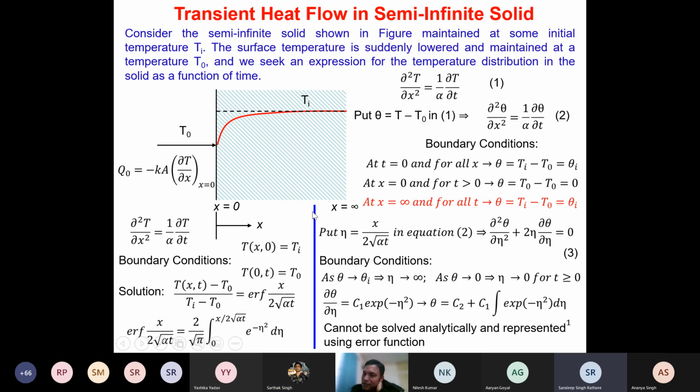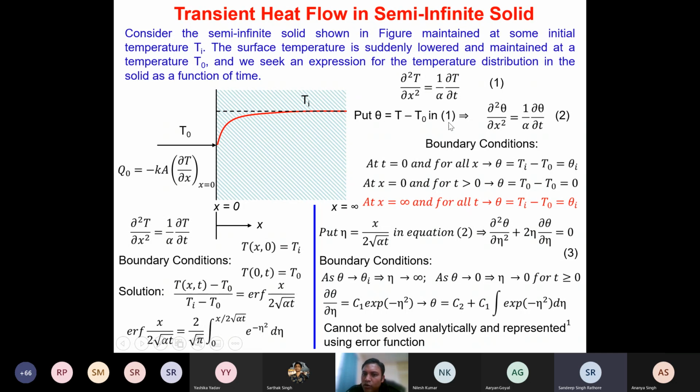Okay, all right. With this dummy variable eta, I can differentiate eta with respect to x and with respect to t, and then put those into the governing equation.